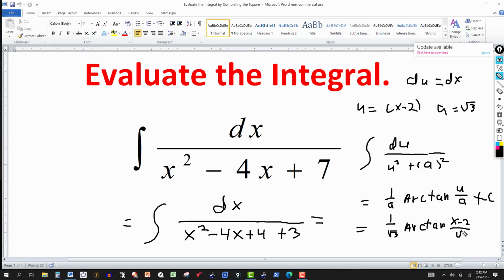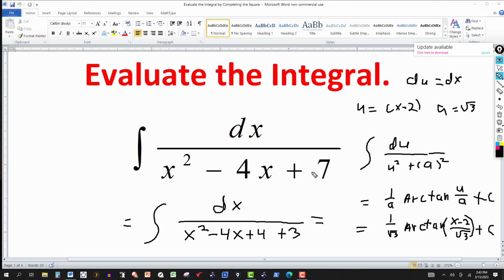A is the square root of 3. And I'll put this in parentheses here. Plus a constant. So all we did is rewrite it in terms of u and a. And then we used the given formula.